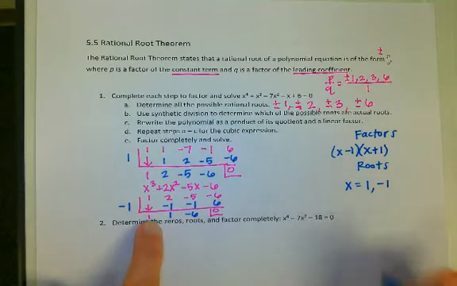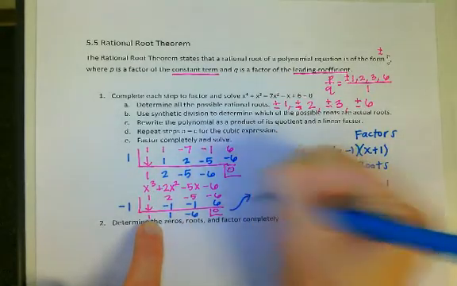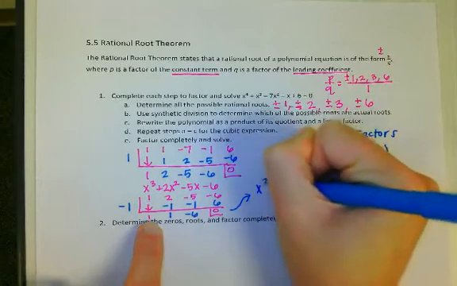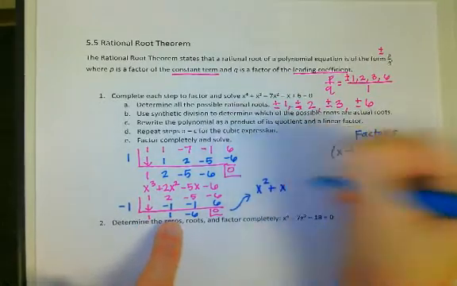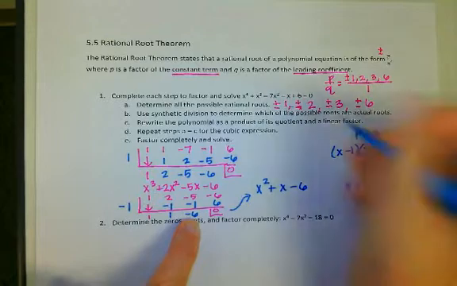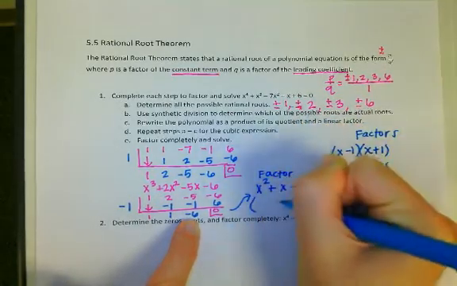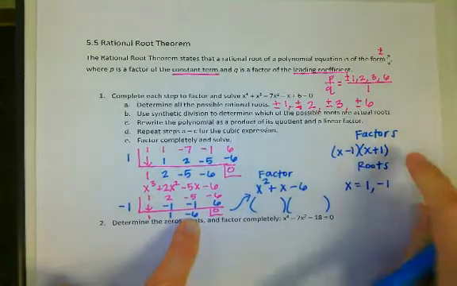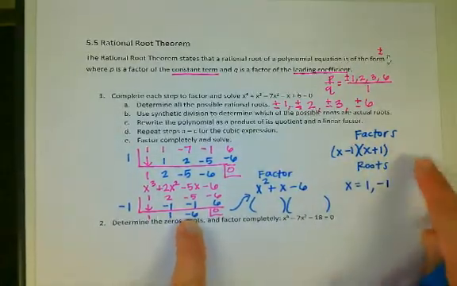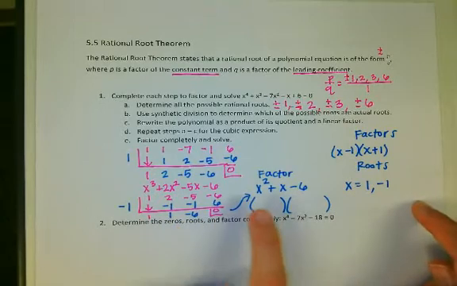And then I'm left with something quadratic. So from this step, I'm left with 1x squared plus 1x minus 6. And we actually now have to factor this to find any final factors and solutions, or factors and roots.